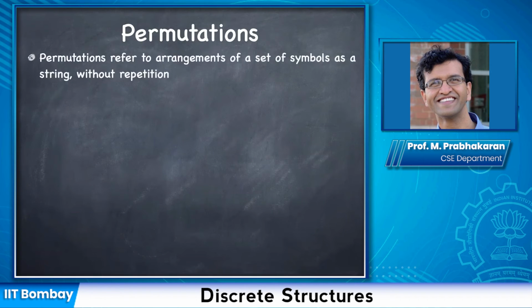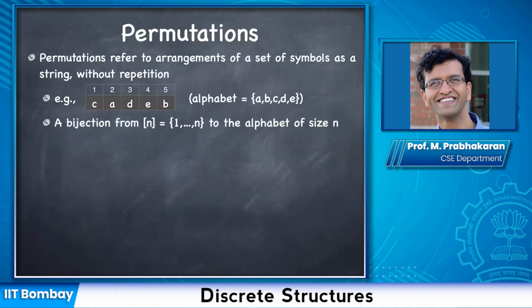Now we get to permutations. So permutations are simply strings over some alphabet, with the restriction that the string contains every character in the alphabet and no character is repeated. Okay. So for example, if my alphabet is A, B, C, D, E here, this string corresponds to a permutation. It has all 5 characters appearing and no character is repeated. So it's a string of length exactly the same size as the alphabet.